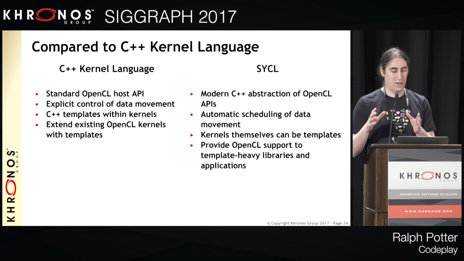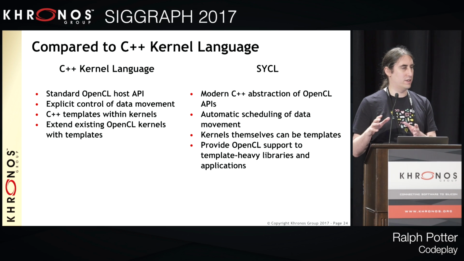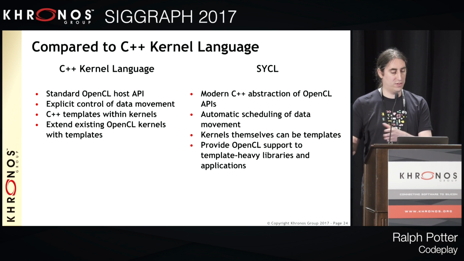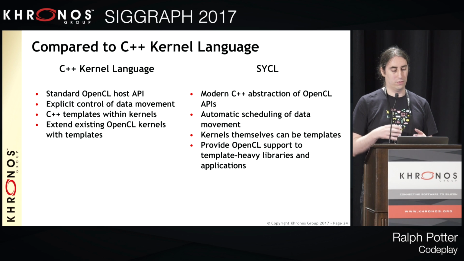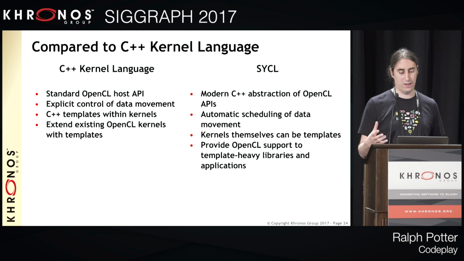By contrast, if what you're starting with is a really template-heavy C++ library, but you haven't done any of the OpenCL stuff yet, then maybe SYCL is an easier route in. We can handle a lot of the complexities of data movement. We can do that very efficiently.